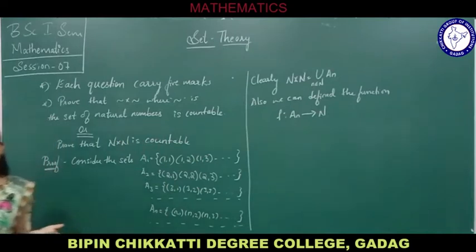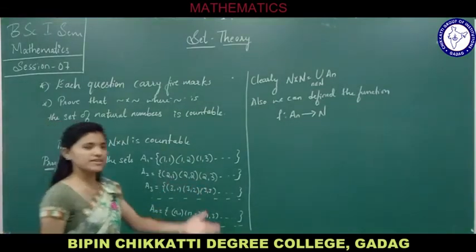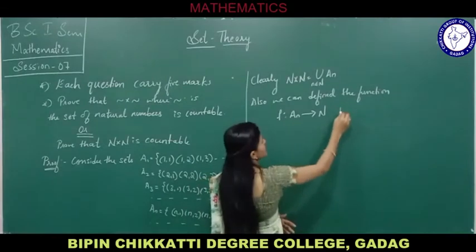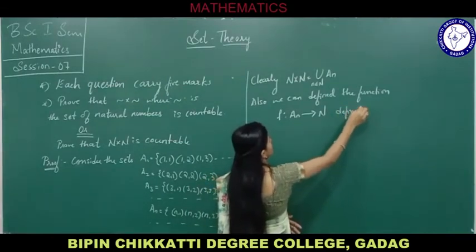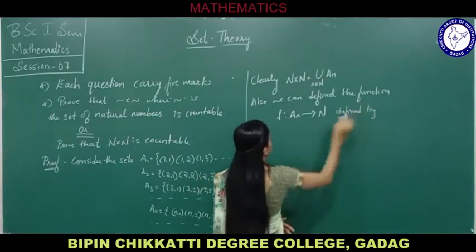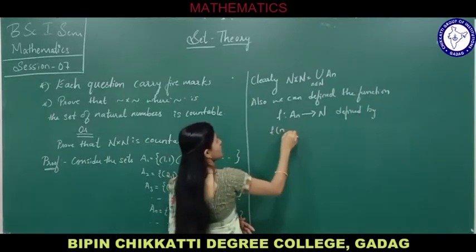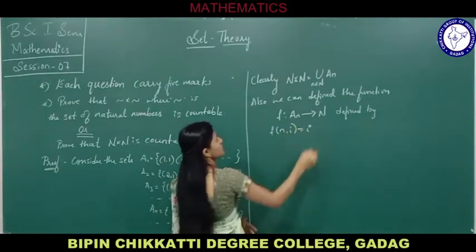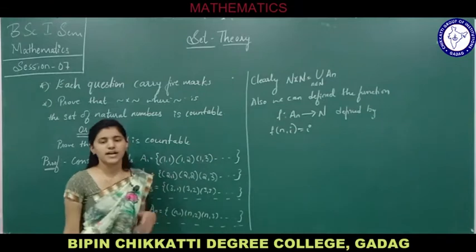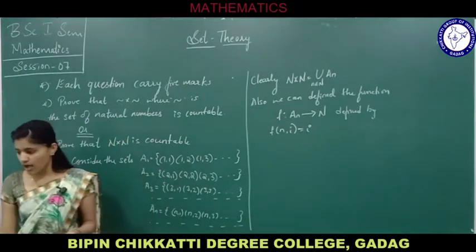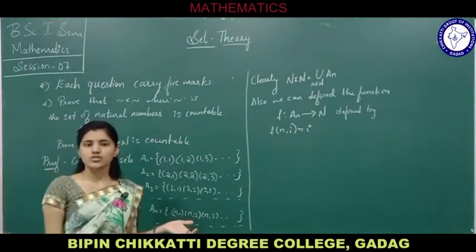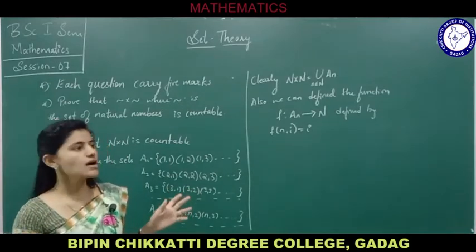It can be defined by f of (n, i) equal to i. What is i? It is going to be one-one and onto.